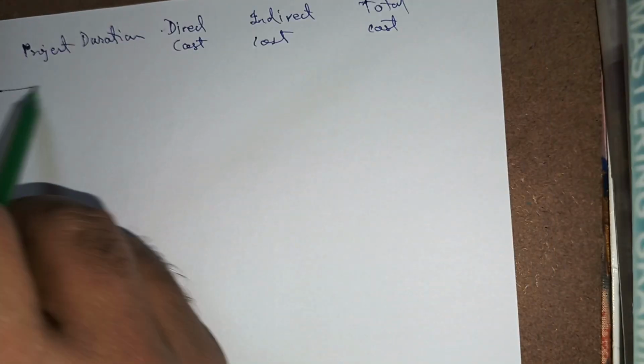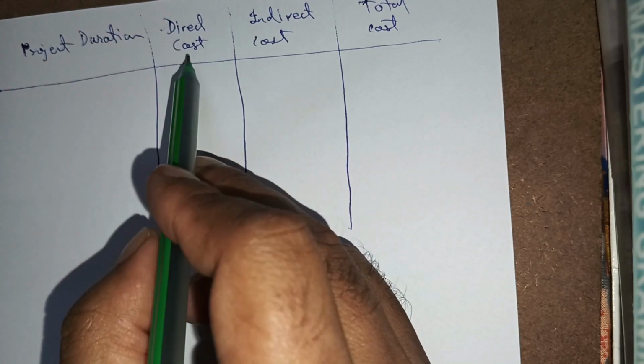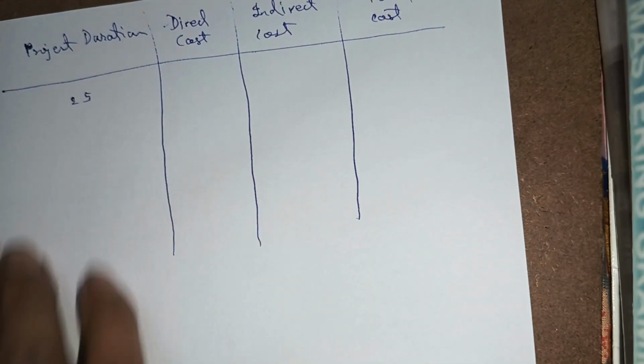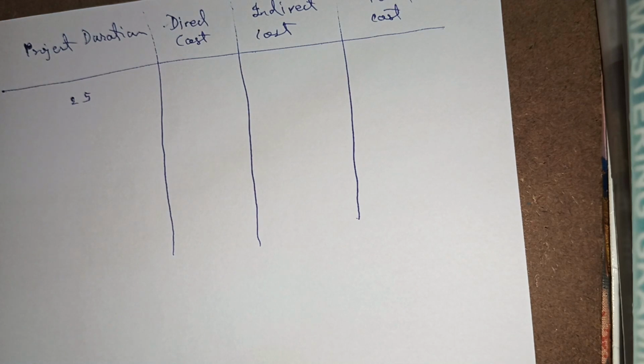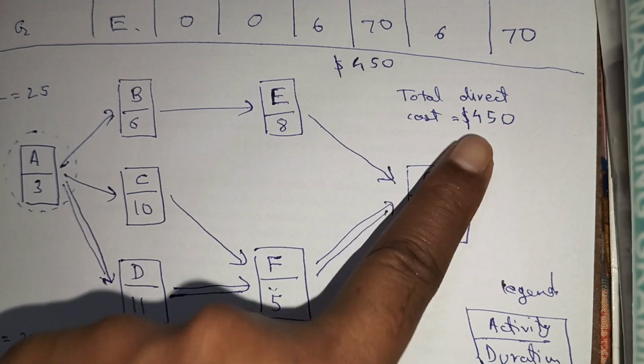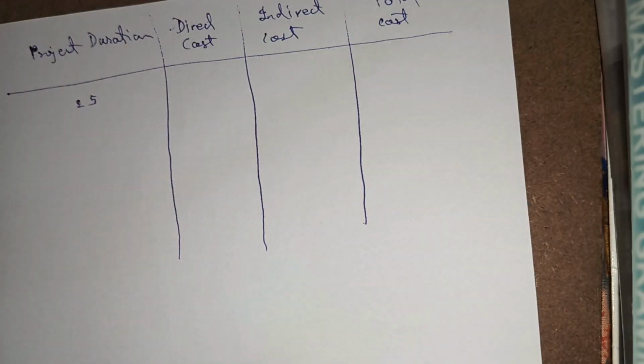Okay, so we'll make this table. Now this direct cost for a project duration of 25 days we calculated from here. So the total direct cost is $450 for 25 days. We'll plot this in the table.